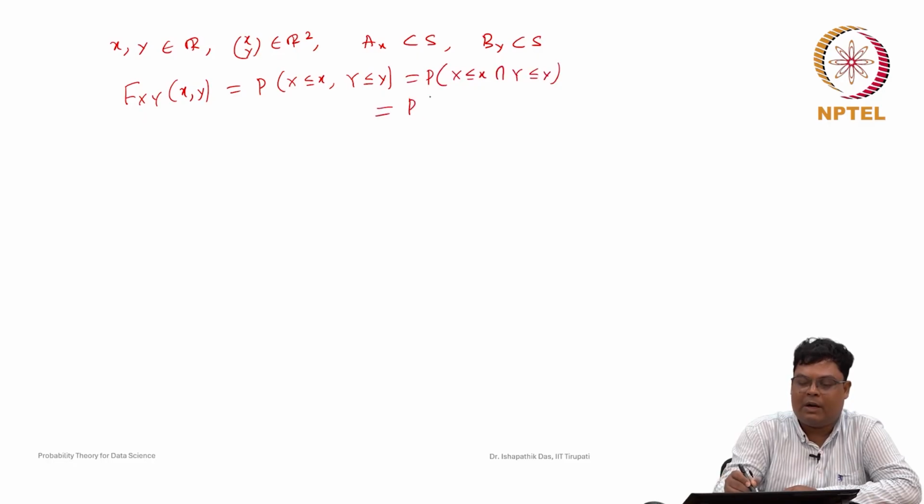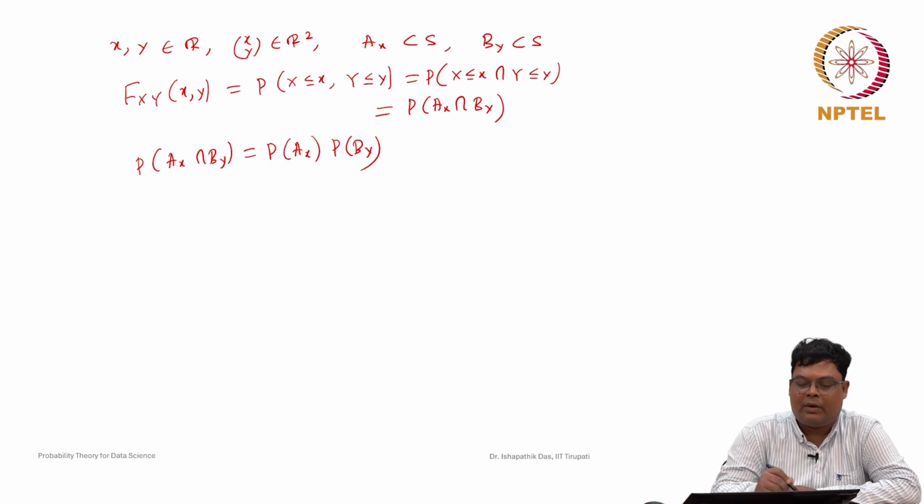We denote this event by A_x intersection B_y. Now, for fixed x and y, A_x is an event and B_y is an event. You know that A and B will be independent if the probability of the intersection is nothing but the probability of A times the probability of B.